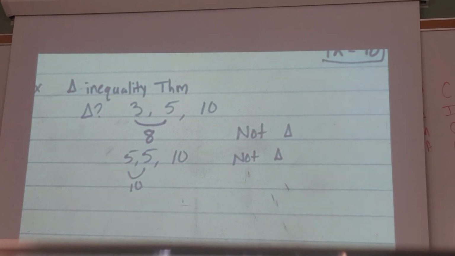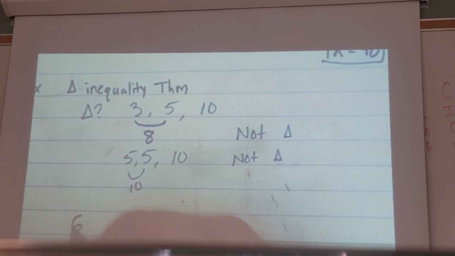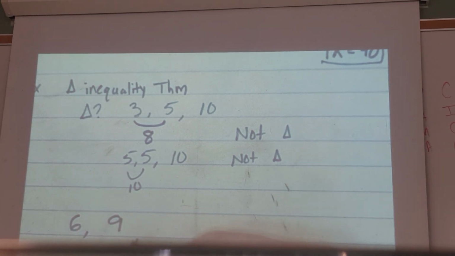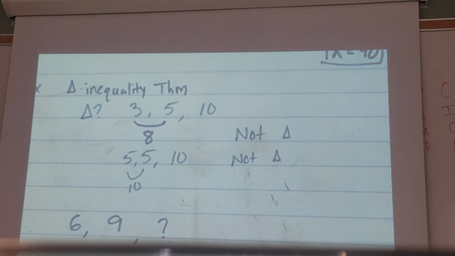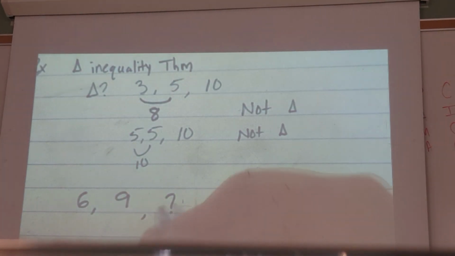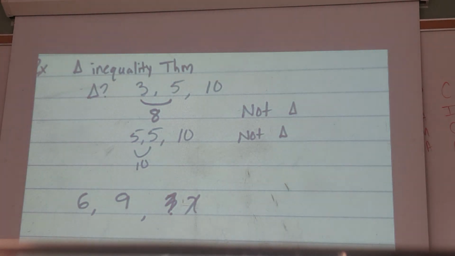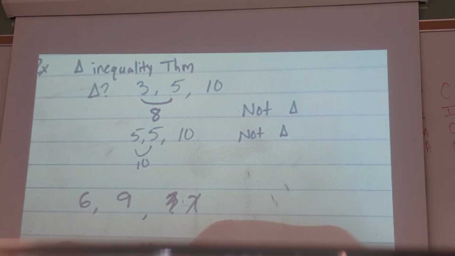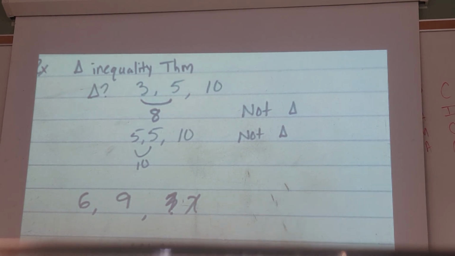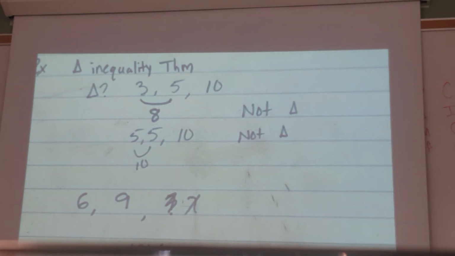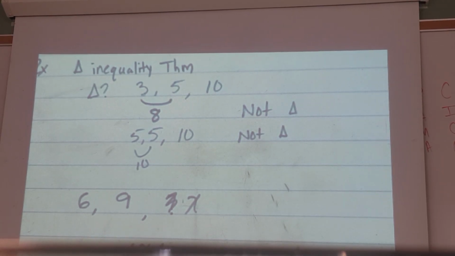The other triangle inequality question will be something like this. If I give you sides 6 and 9 and tell you that we don't know the other side, what range could this other side be? We could replace this other side with x. What are the only possible numbers that could be that? We set up a compound inequality, putting x in between two signs. x has to be greater than this number, but smaller than this number.